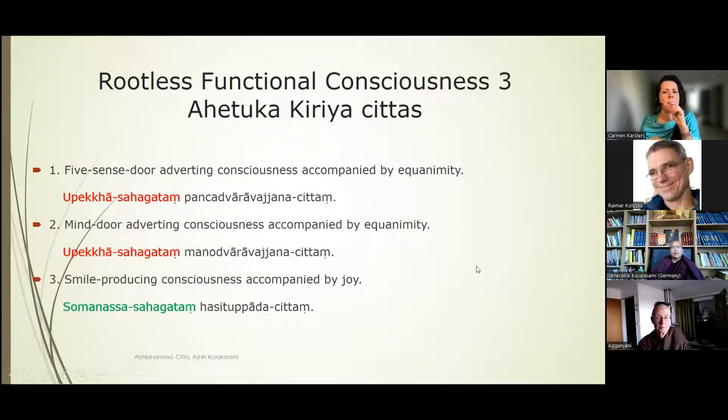Rootless functional consciousness. Function is function. Ahetuka kiriya in Pali. Functional consciousness means without producing any results, just function, just action.